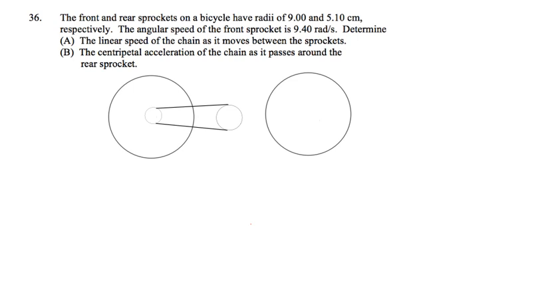So in this problem, I'm just going to write down my facts. It says the front and rear sprockets have radii of 9 and 5.10 centimeters. I'm going to have those in meters. So R front sprocket is going to equal 0.090 meters, because 9 centimeters would be 0.09 meters.